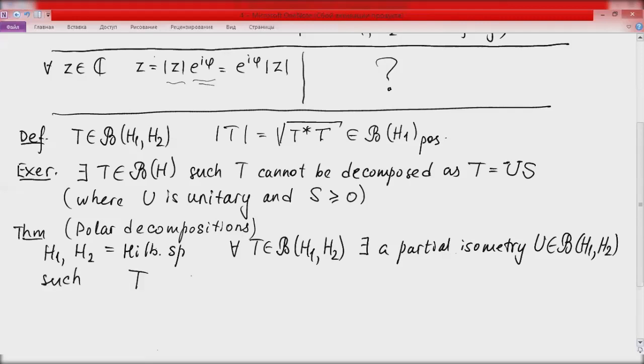Here is the first formula, and this is the first polar decomposition, or sometimes some people call it the left polar decomposition. And here the second formula: modulus of T star multiplied by U. So these are the polar decompositions of our operator.